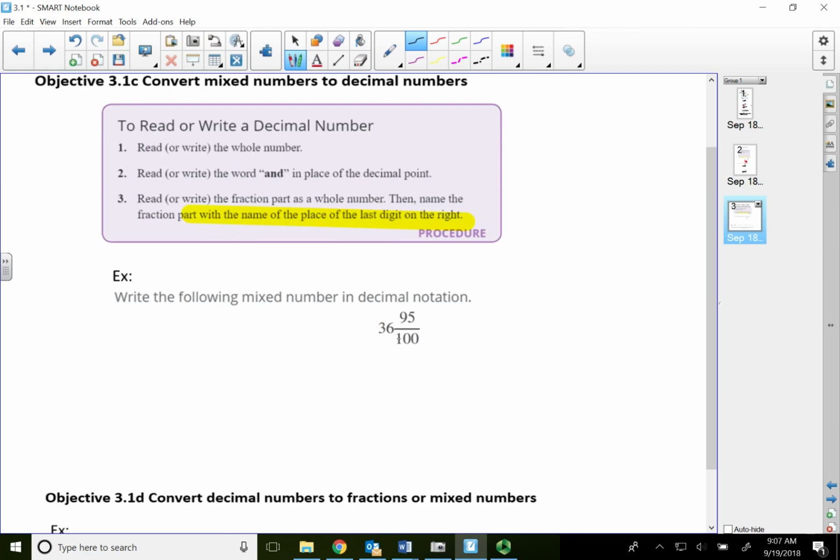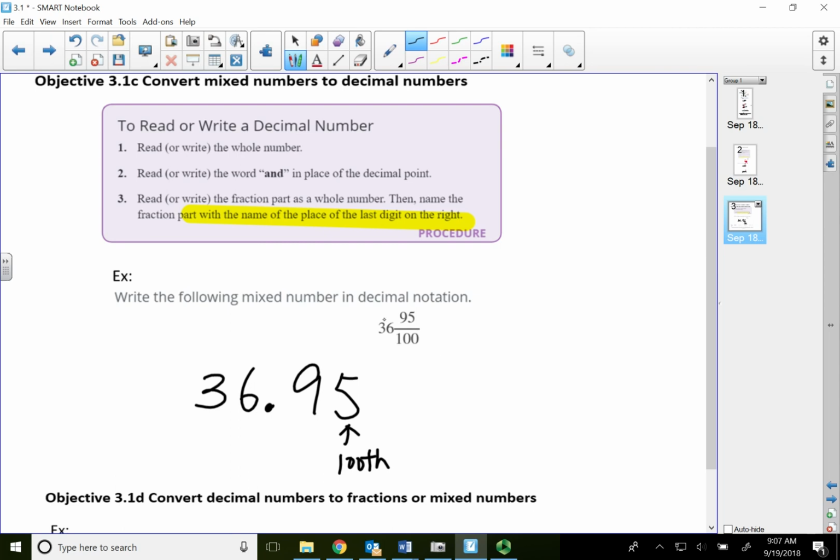So basically, if I would read this number correctly, I will read this as 36 and, is the decimal, 95 hundredths. That means the 5 is sitting on the hundredths position. There you go. So this is a relationship between a mixed number and a decimal.